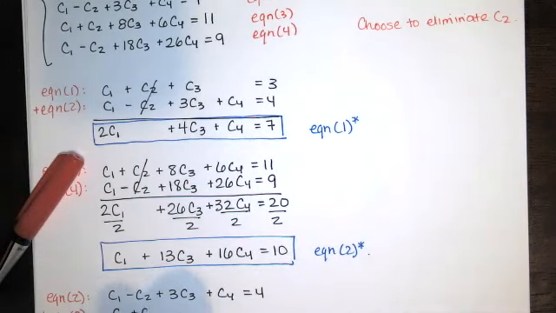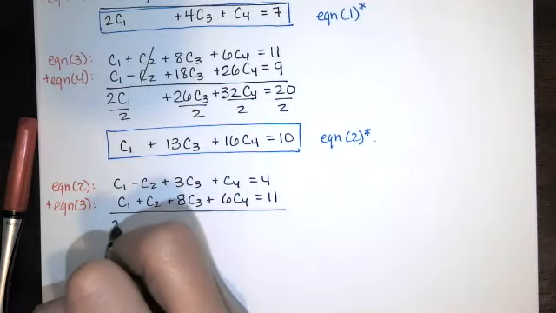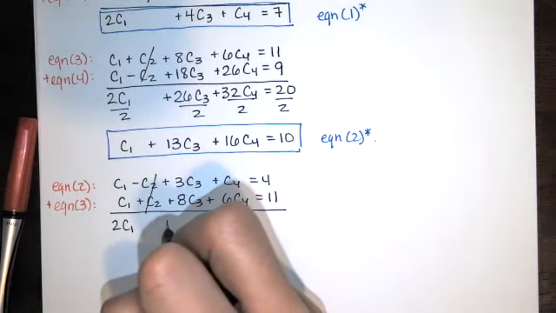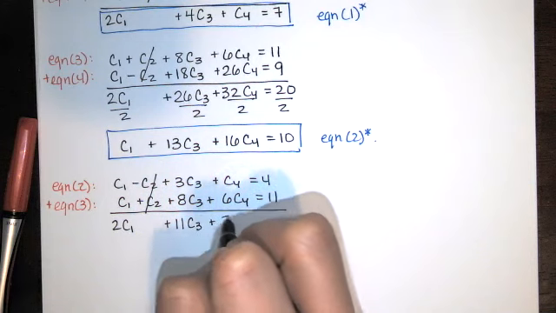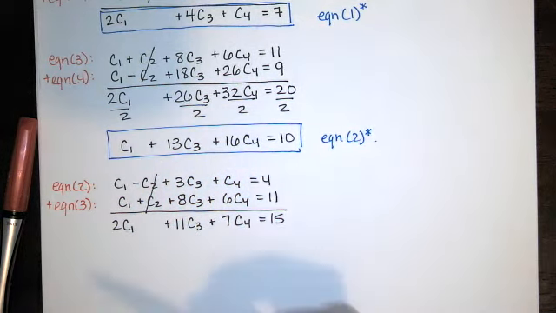Equation 3 is here. Okay, got 2C1, those reduce, 11C3, 7C4, and then 15. All right.